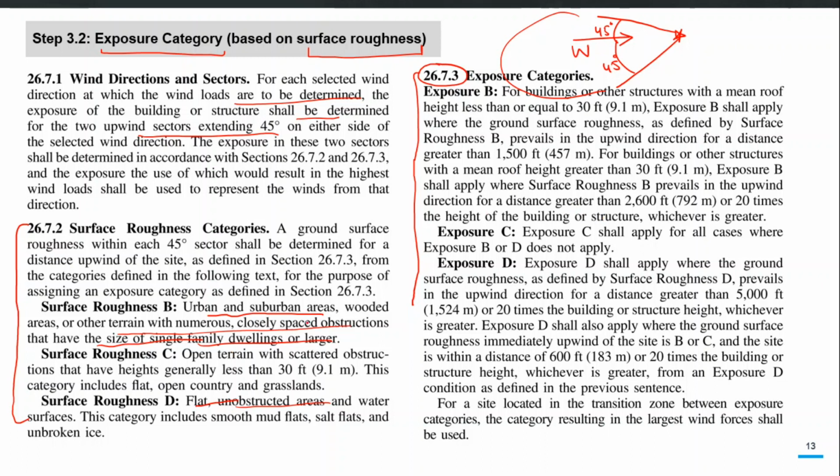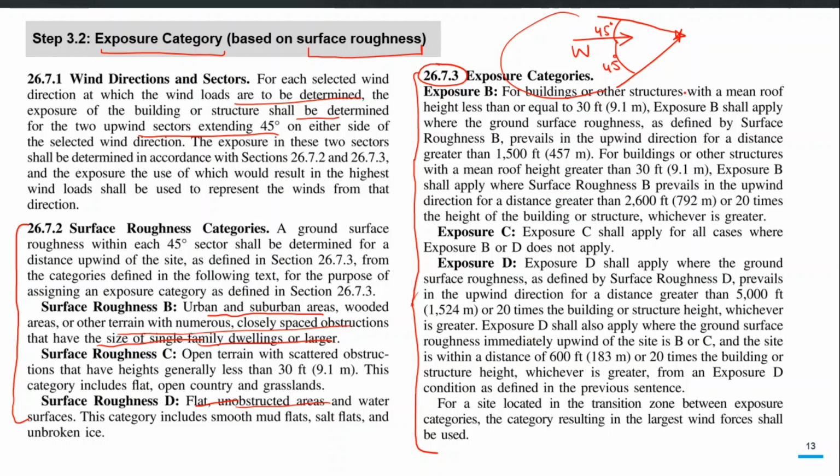Then once we establish the surface roughness, we go to the exposure category and assign an exposure category to our structure. That is a very detailed guideline, but let me try to simplify it.